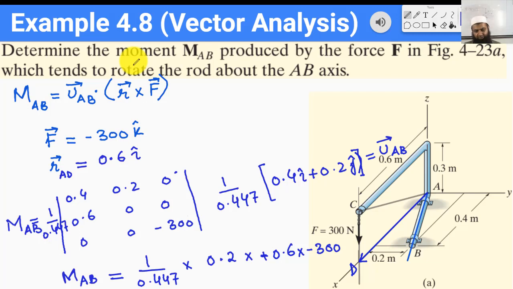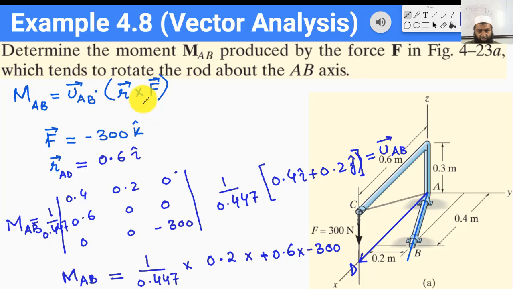So when we solve this determinant, this is the only non-zero term that we get, and I hope you can just plug in the values here and you can get the magnitude of this moment along the axis AB.